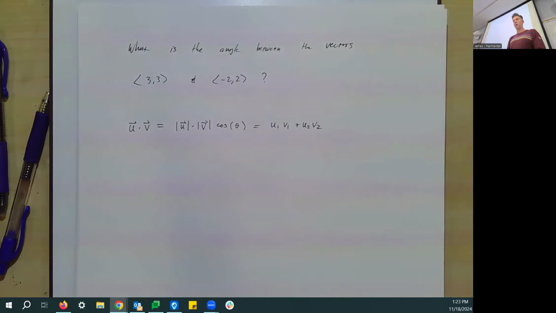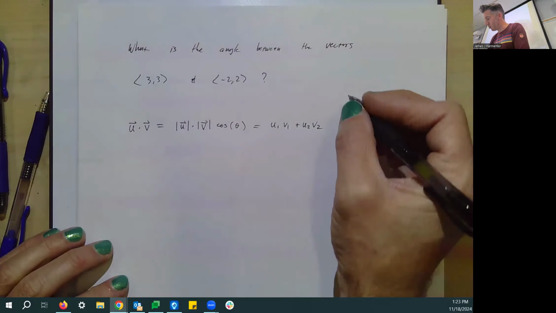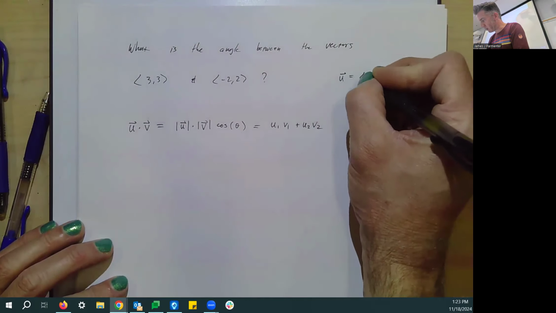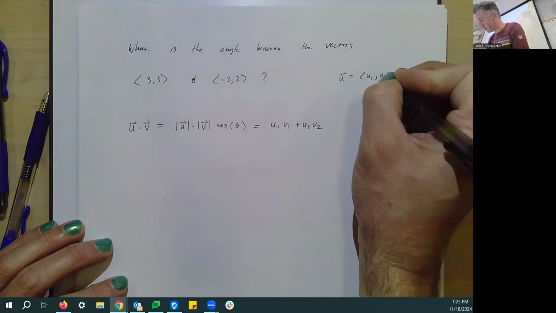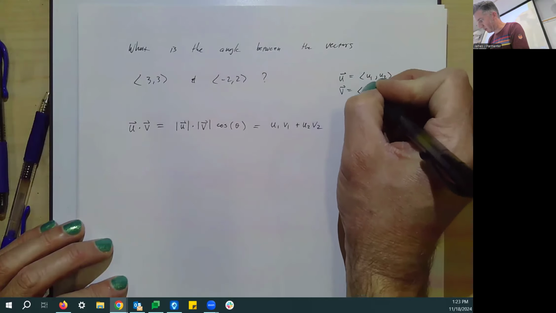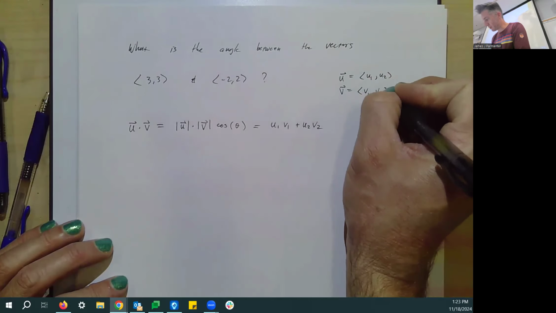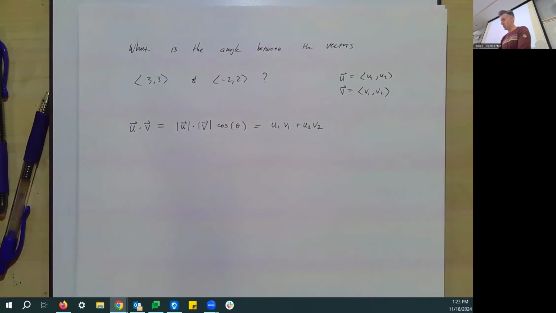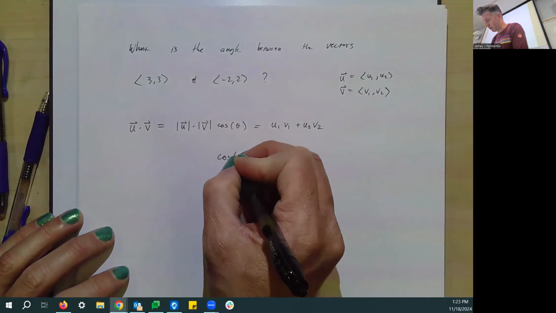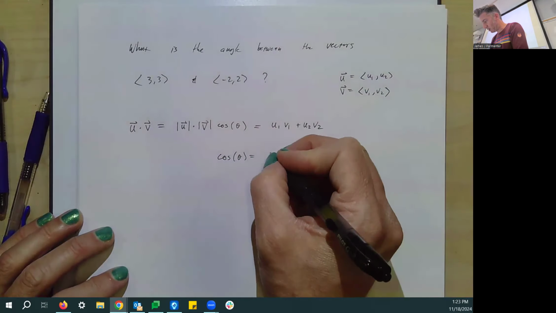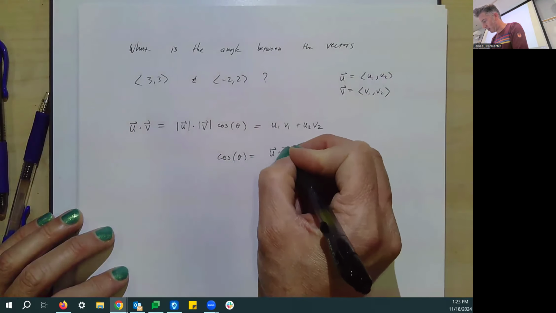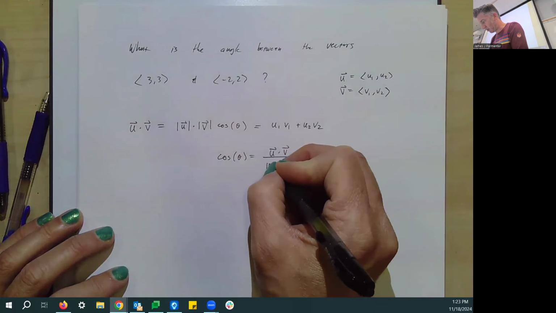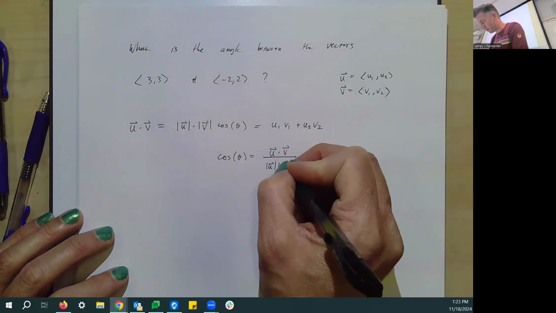I'm using pretty standard notation here, where we're imagining u is the vector u1, u2, and v is the vector v1, v2. So then we can use this equality to solve for cosine. So we can say that cosine of theta is equal to u dot v divided by the magnitude of u times the magnitude of v.